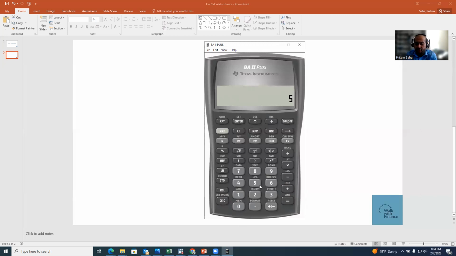Now I came across 52 and I want to add it to 125, which I just calculated, but I forget the number. How can I do that? Click second, answer. That's it. Ideally, answer stores the last value you calculated or generated. If you forget your last value, you can click second plus answer and it will give you that value. Now 55 plus, you forget your output from the last calculation, second answer. That's it.